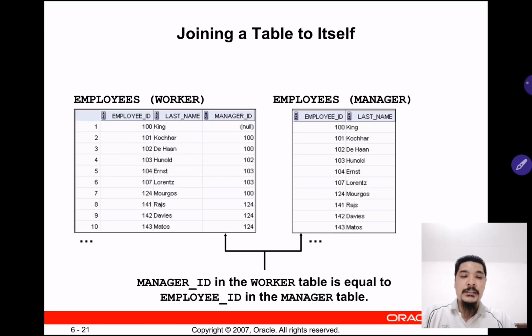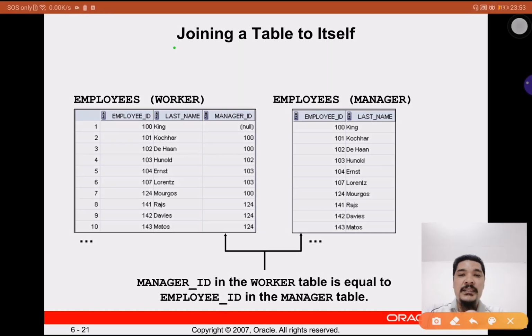For the next lesson, joining a table to itself. Before this, we tried to join two tables, multiple tables, 2 or 3 tables. For this part, we continue with joining a table to itself, meaning that we join tables based on one table only.